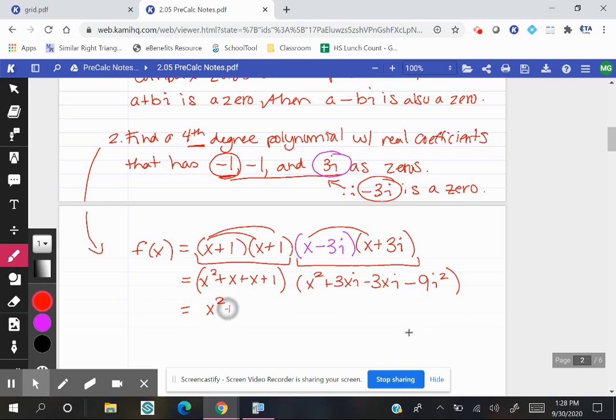And as you continue doing these, you might be able to skip a couple steps and do them in your head. So combine your like terms here. Our middle terms cancel out again. Remember, when they're conjugates, the middle terms will always cancel out. i squared is our -1. So now we have x squared plus 2x plus 1 times x squared plus 9.